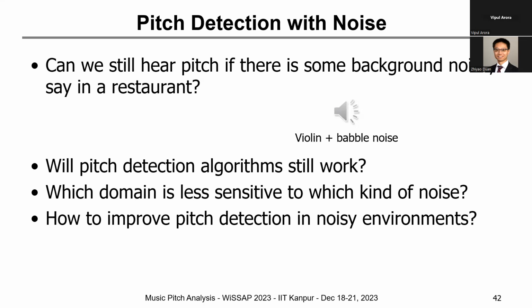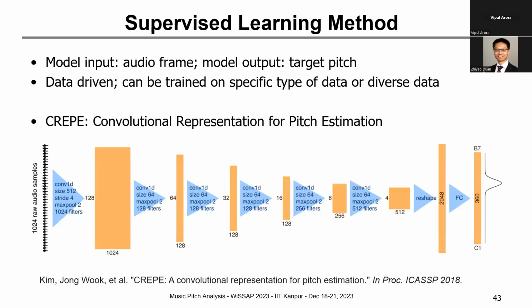But to make it even more robust, we can take a data-driven approach or machine learning approach. We gather some annotated data and then train a machine learning model. So this is a supervised learning method. The model can be any model, say an SVM or probabilistic model or neural network. In this case, it's a neural network.